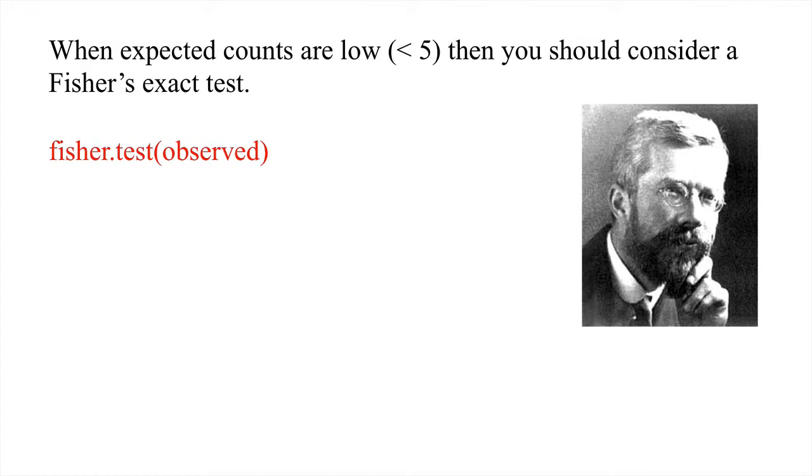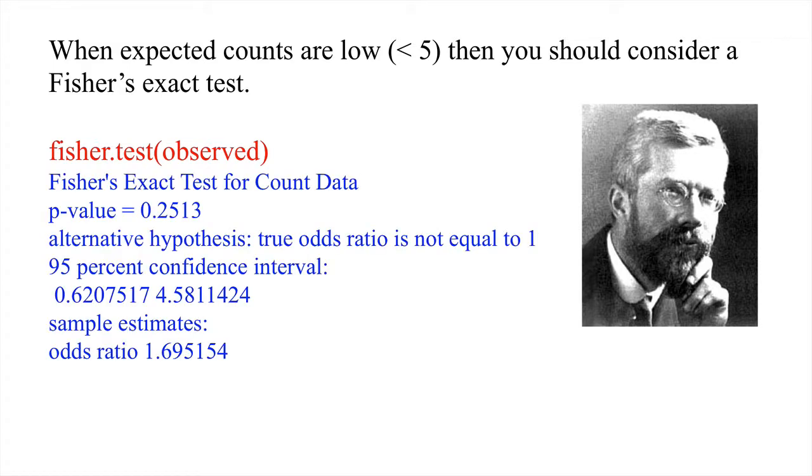How would we fit a Fisher's exact test in this particular case? Well, our matrix is called observed. We simply say fisher.test. And what we are given here is an exact p-value according to the Fisher test. No chi-squared value is computed or any test statistic compared with the chi-squared.